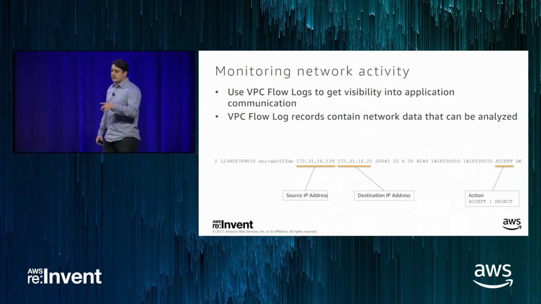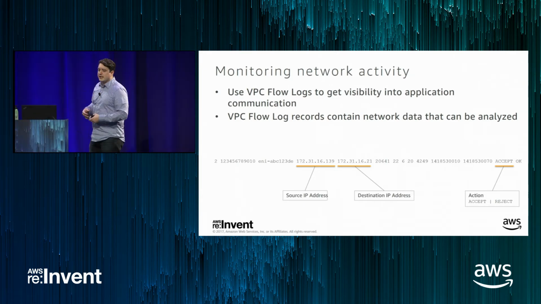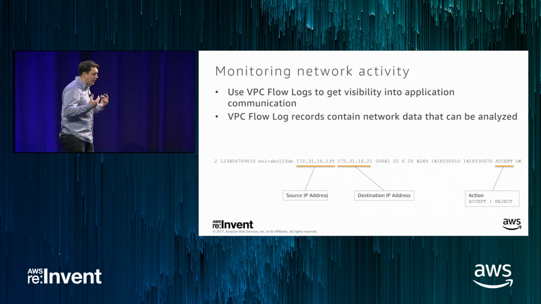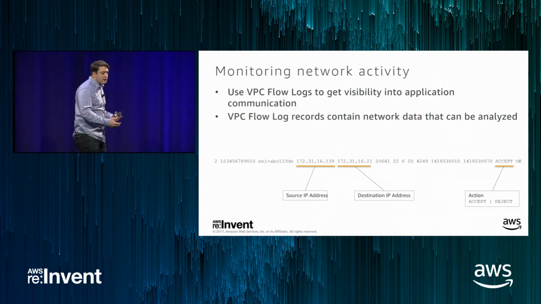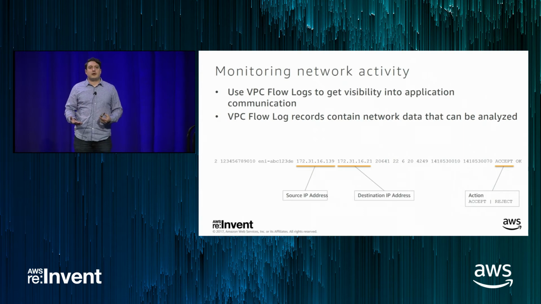It includes things like, shown here, a source IP address, the destination IP address, what the resulting, say, HTTP code is, whether it was accepted or a 500 error, and other detailed information about that call.